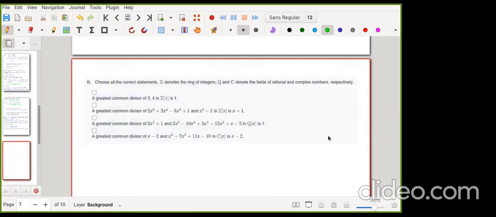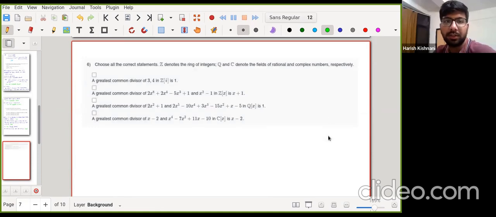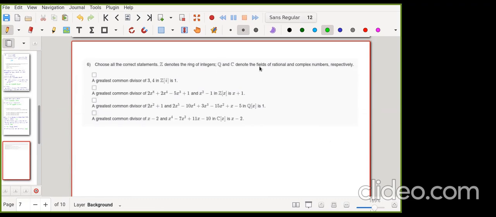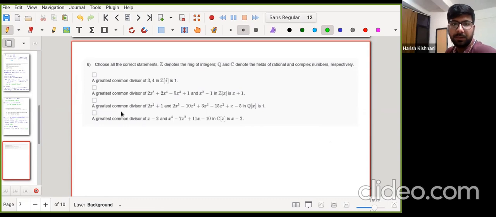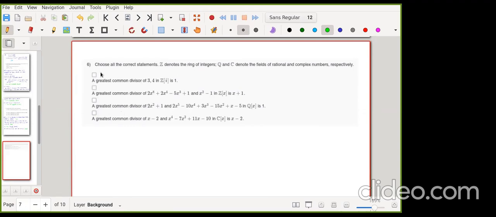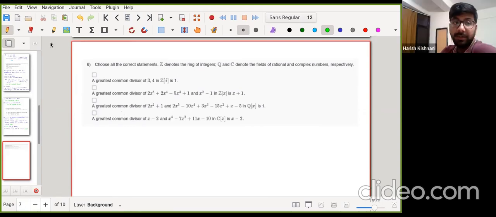So it's again the same thing. You have to choose the correct statements. The notations are the standard notations. So the first statement is: a greatest common divisor of 3, 4 in Z[i] is 1. 3 and 4 are relatively prime in Z, and the question is asking you about Gaussian integers.